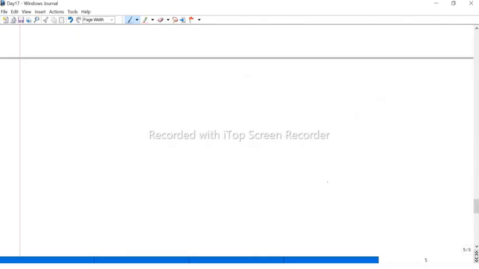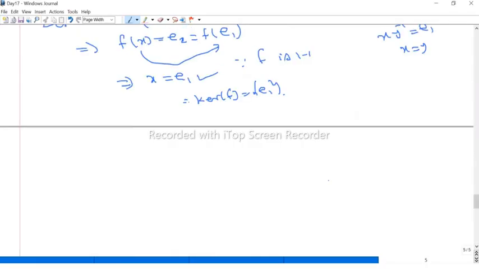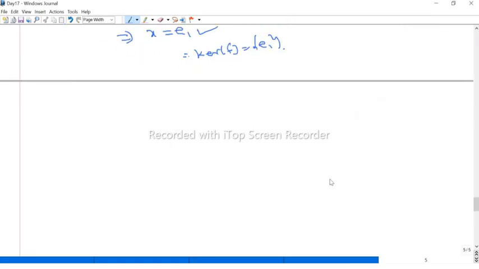Now, from any homomorphism we produce one subgroup, namely the kernel. Suppose f is a homomorphism from G1 to G2. Then we have another subgroup, which is the image of the set.